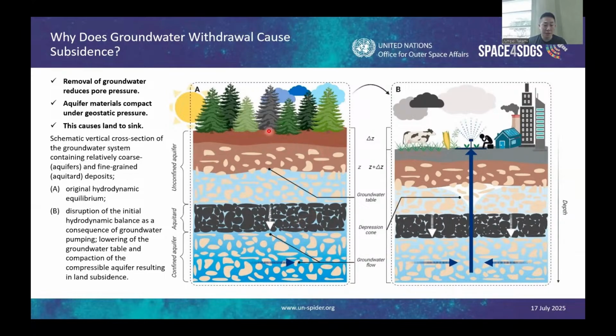If you drill down to the confined aquifer and get groundwater from there, the unconfined aquifer usually just recharges through the aquitard, and finally land subsidence happens around these groundwater wells.